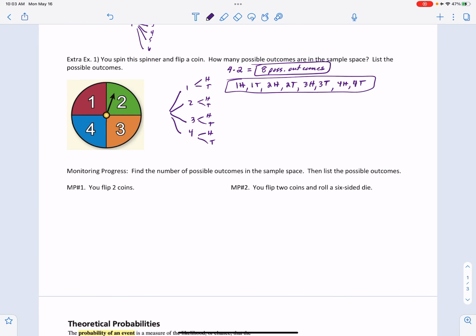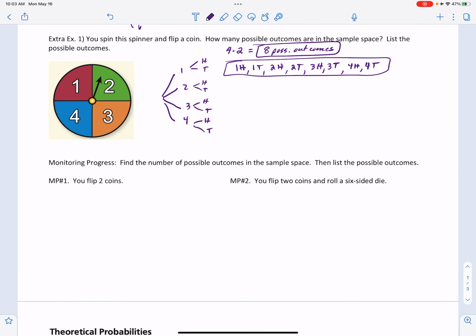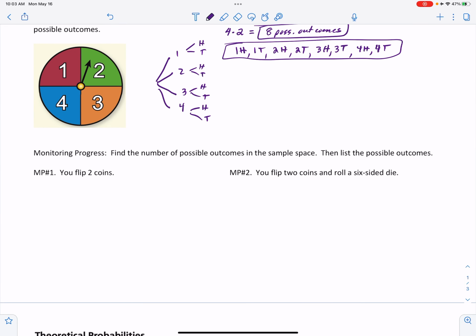All right, so find the number of possible outcomes and list the possible outcomes. Here, you flip 2 coins. Well, again, they're looking for heads or tails, so there's 2 choices on the first flip and 2 on the second, for a total of 4 possible outcomes. I'm just going to abbreviate that. And so it's heads and tails for the first, followed by, if you got heads on the first, you could then get heads or tails on the second.